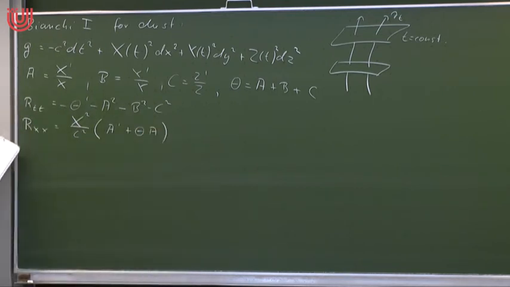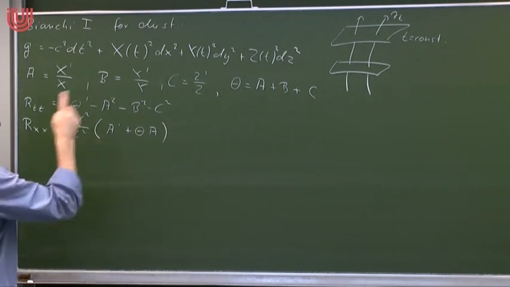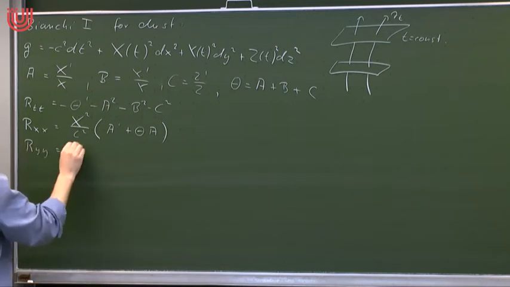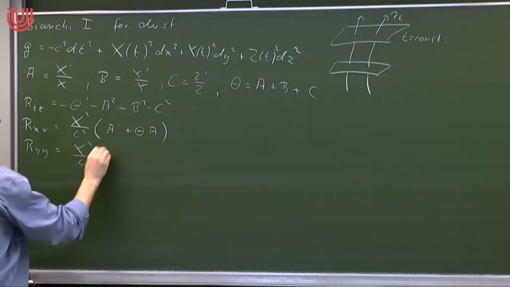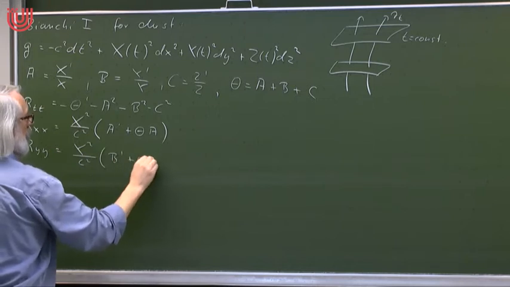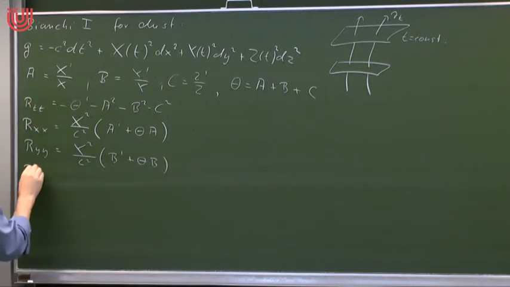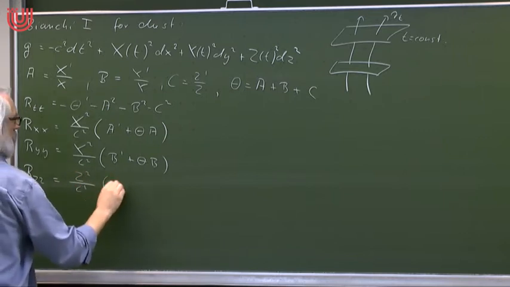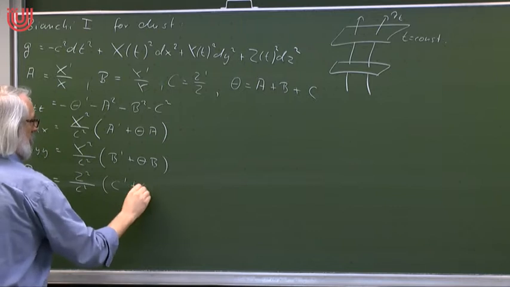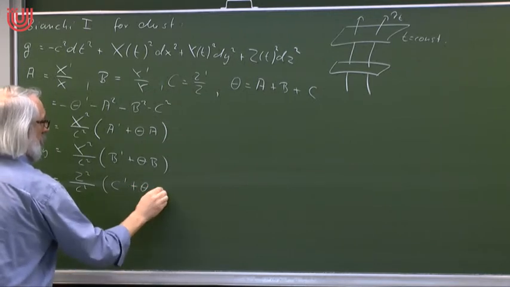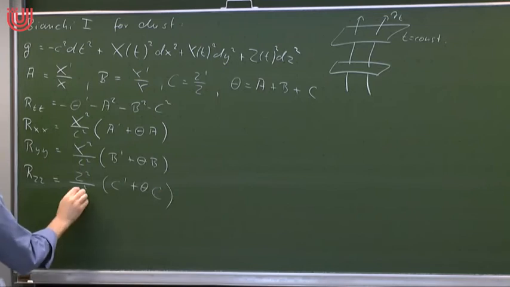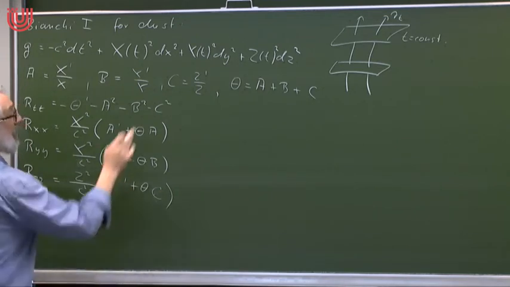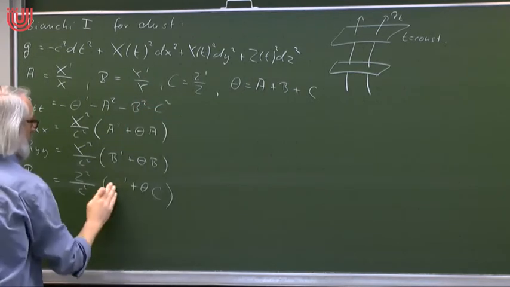And then analogously for y and z, where I just have to replace x by y, A by B, and so on. So R_yy is Y squared over c squared times (B prime plus theta B), and R_zz is Z squared over c squared times (C prime plus theta C). Okay, I try to distinguish the lowercase c, which is the speed of light, from the capital C, which is this Hubble parameter.